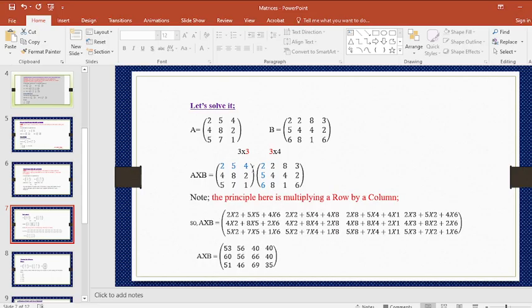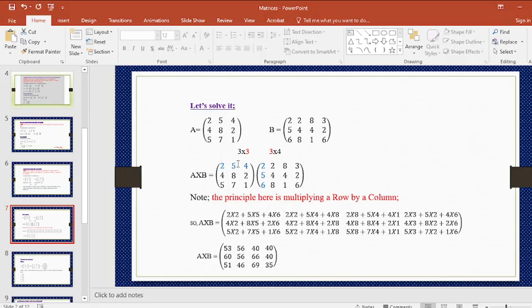So that is the row in the first matrix multiplying a column in the second matrix in the order of their entries. What do I mean? The first figure, second figure, third figure. So we do that for all of the rows here. In the second place now, we have 2.